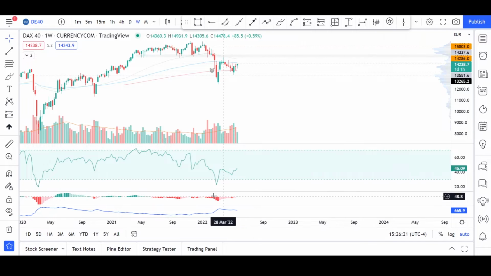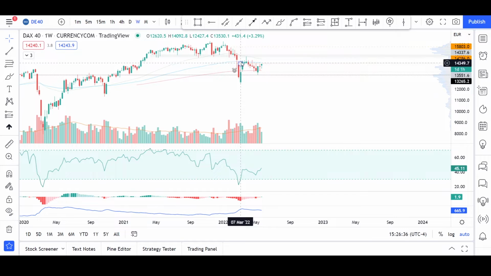We are finally, after a very long period of over half a year, trying to turn positive. So there is a high chance we should break through this 14,400 area and get back to those resistances at 15,000.